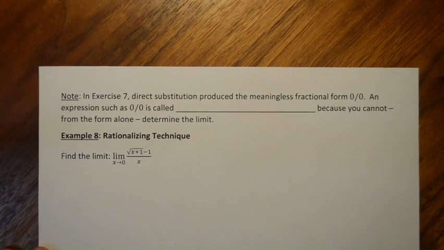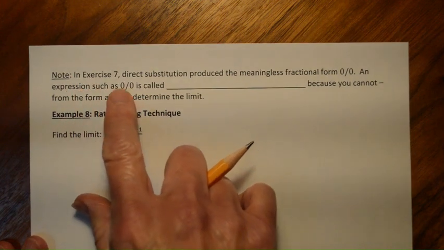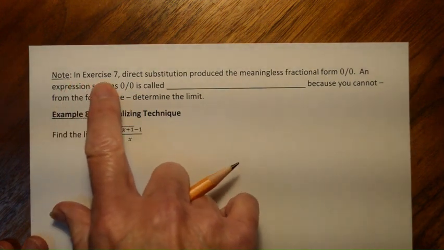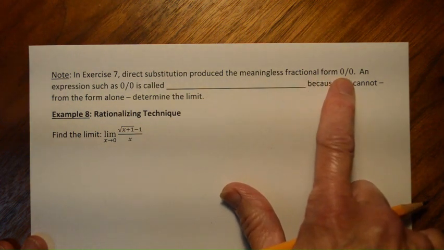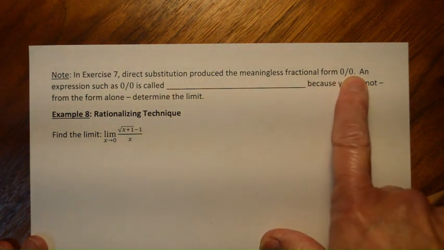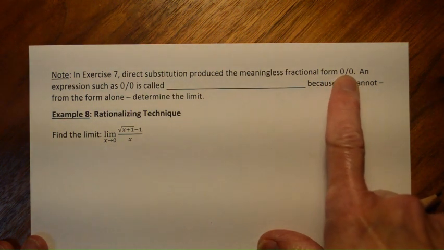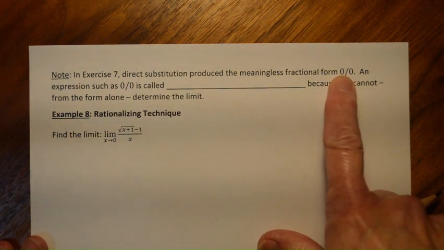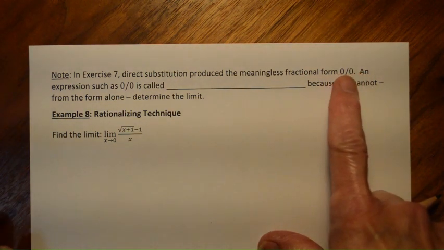So again, I wanted to point out specifically that idea of 0 over 0. In exercise 7, direct substitution produced the meaningless fractional form 0 over 0. Again, you can never divide by 0. So this is not defined, but people sometimes say, well, 0 over 0, since the numerator and denominator are the same, shouldn't that be 1?